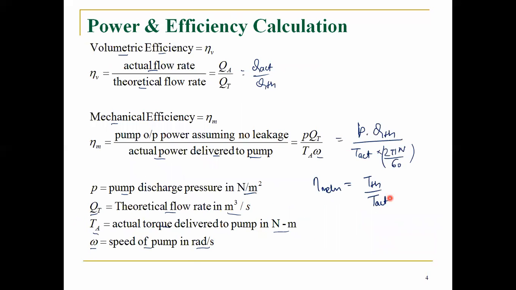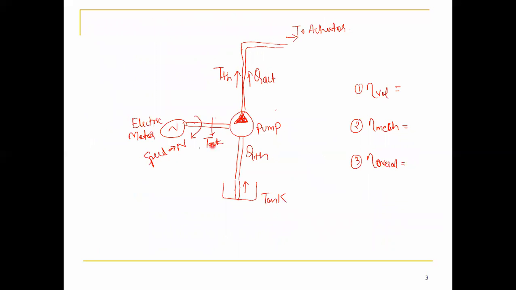Okay, so now I will come to this diagram. What can we learn from here? We know that a tank will be there. From the tank the oil will flow through the pump, and the pump is driven by the electric motor. The shaft will be connected to the pump, so we get the speed of that shaft, which is nothing but the speed of the pump. So this is the actual power.